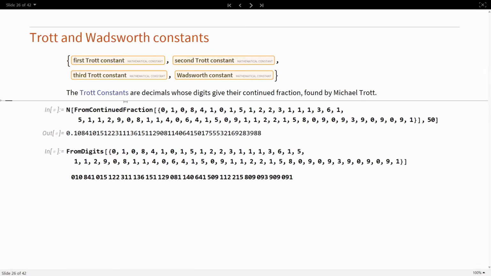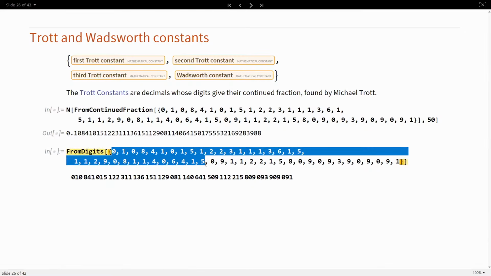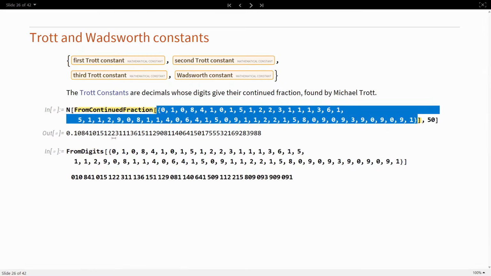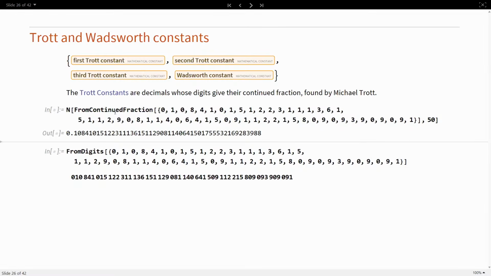Trott constants deal with repeating decimals where you have a series of digits, and when you use that as a continued fraction, you get the same digits 0, 0, 1, 1, 0, 0, 8, 8, and so on. There's several of these values which are both a decimal and a series of digits in a continued fraction.